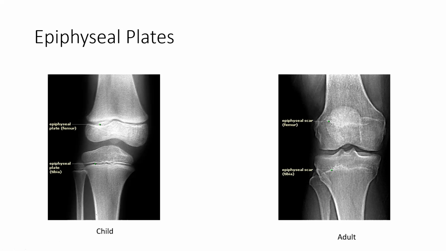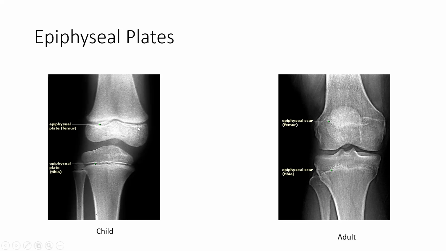We have a scar line in the bone, visible now because calcium is embedded there. It has turned into true bone and is no longer soft cartilage. That is a synchondrosis. It is an immovable joint. We don't want to see any movement at that joint.